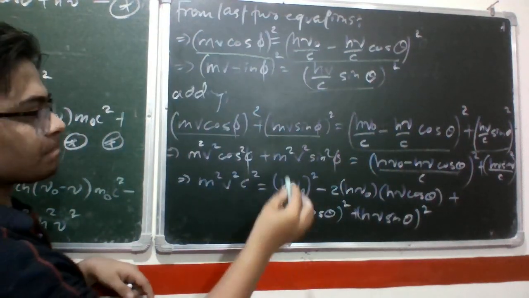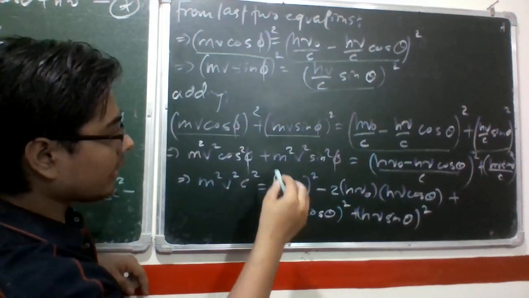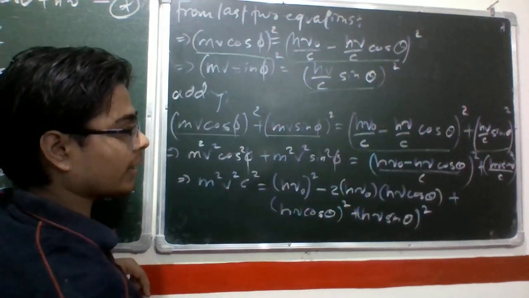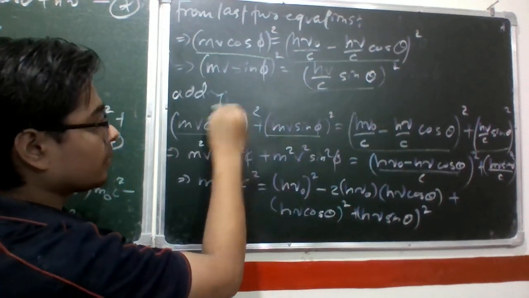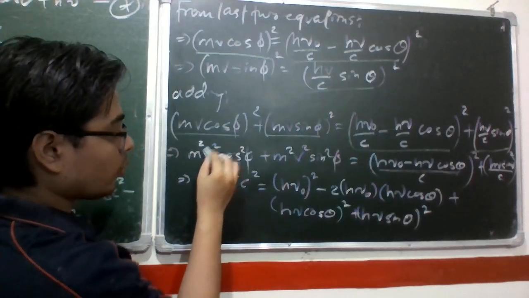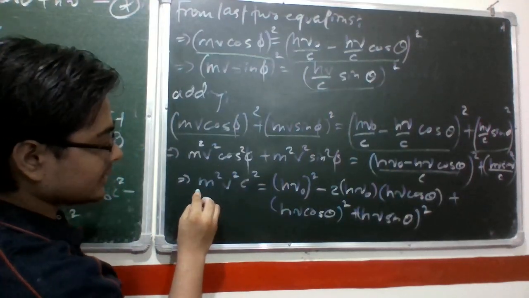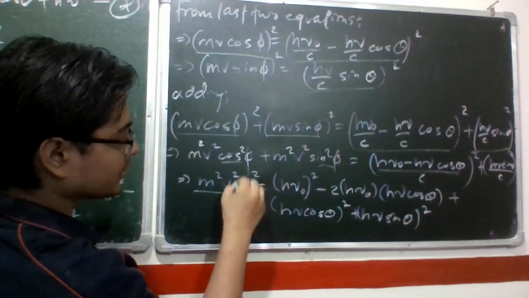After that, we would like to do some simplifications, and since we can see here cos squared phi plus sin squared phi would give us 1, so we do the same thing, that we apply the square to individual terms, and then we would get this and this becomes 1.